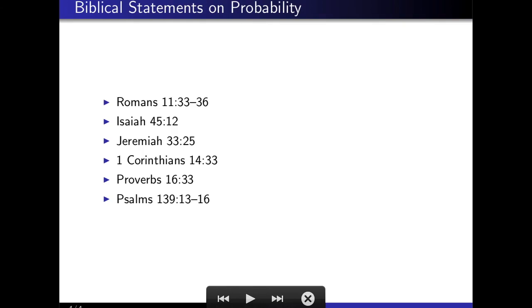So from Paul in Romans, we get the idea of God instantiating a very orderly creation. In Isaiah 45:12, Isaiah writes, I made the earth and created man on it.